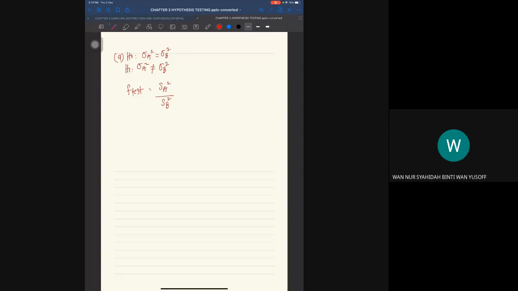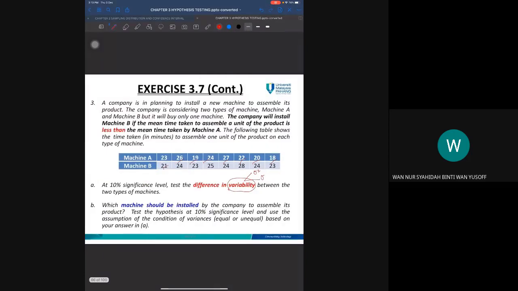Then make your step 3, the critical value, then the decision, and the conclusion. What I want to highlight here is the relationship between the quotient in A and B, how they are related to each other. Any question on A?